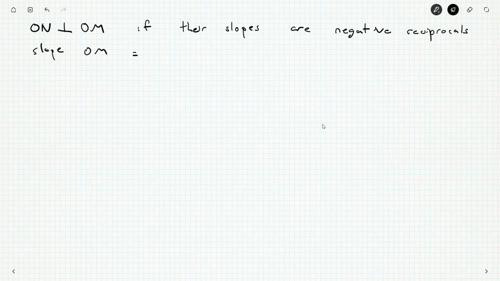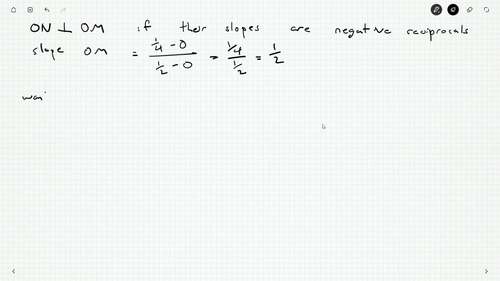It's rise, so we go up by a quarter minus 0, that's the rise, that's how far we go up, and then over the run, so this is a quarter over a half, bring the 2 to the top, so we're going to have 1/2. So we want the slope of ON to be equal to -1 over this 1/2, or -2.